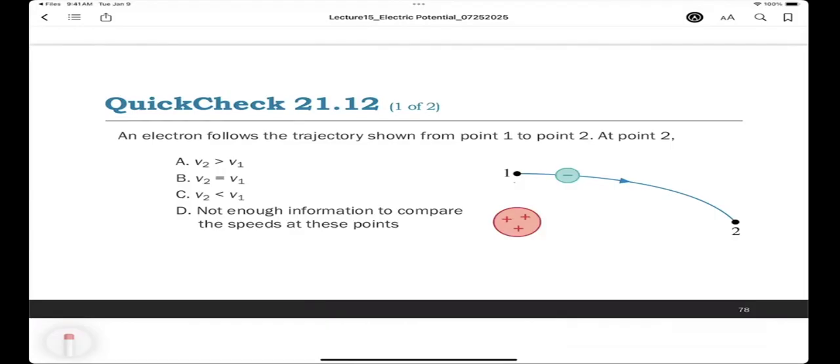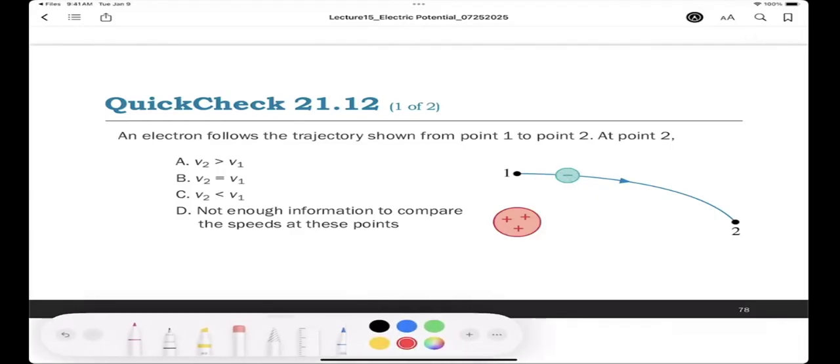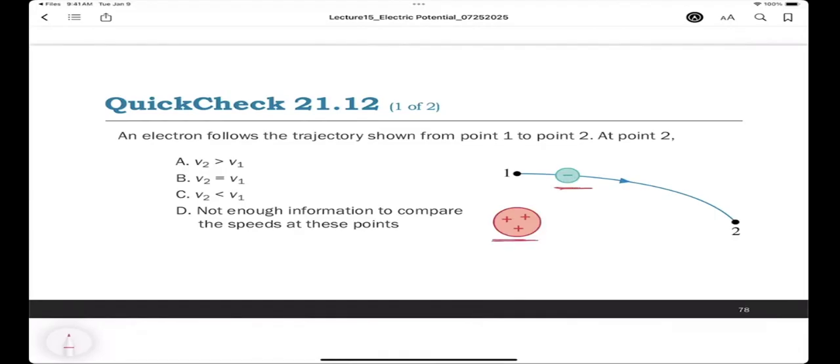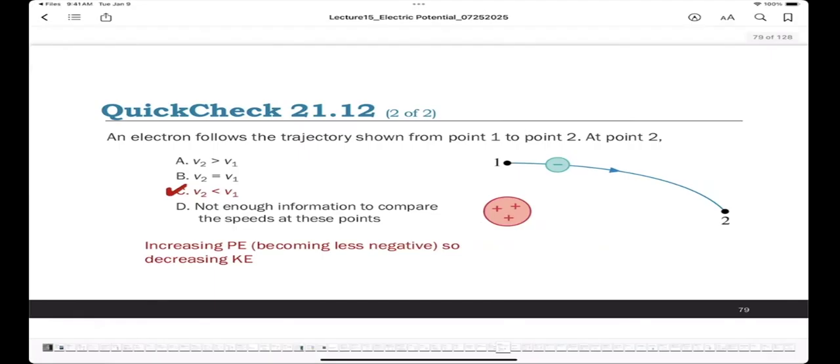Actually, you can see from point 1 to point 2, this charge is a negative charge, and this is the positive source charge, which means they should attract each other, but this one moves away, which means the kinetic energy will be smaller and the electric potential energy should be greater, so the speed will be smaller, which means v2 should be smaller than v1. That makes sense to you? Okay, the answer should be C.